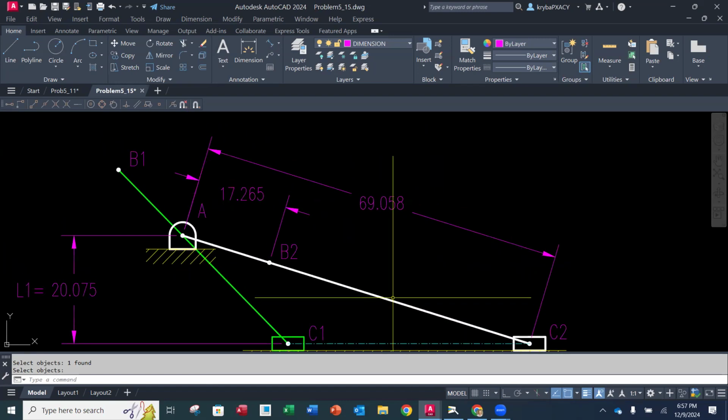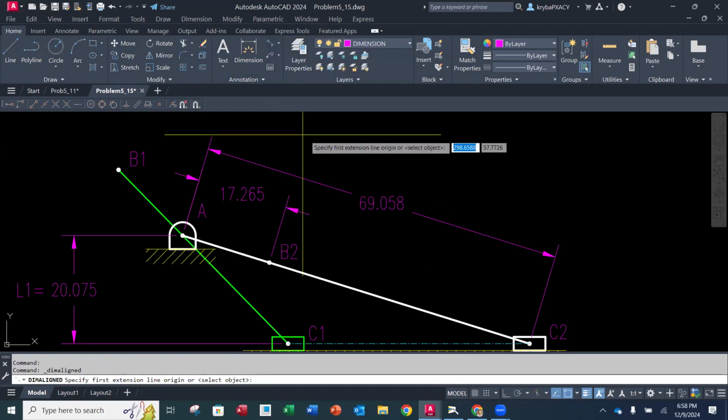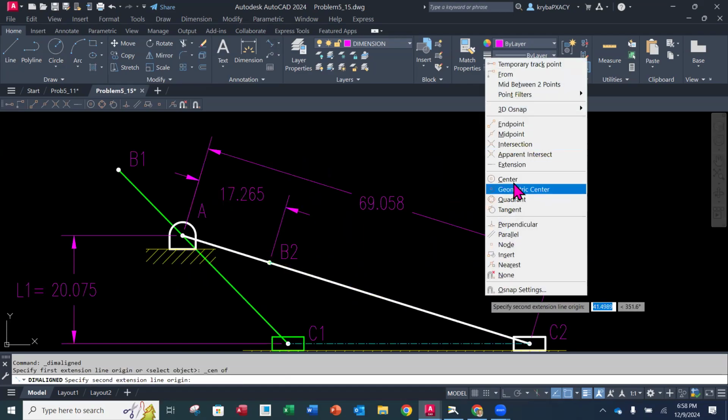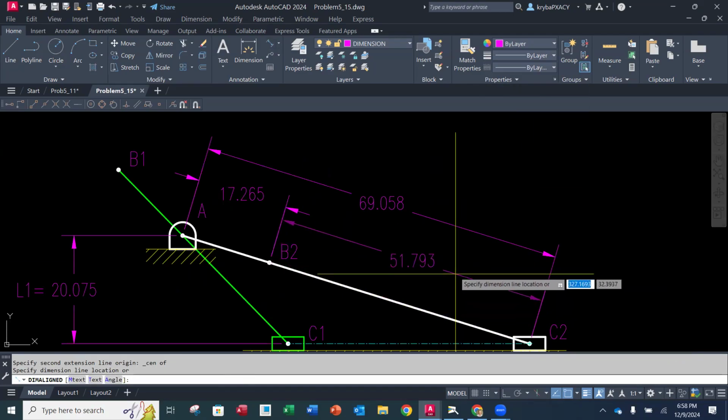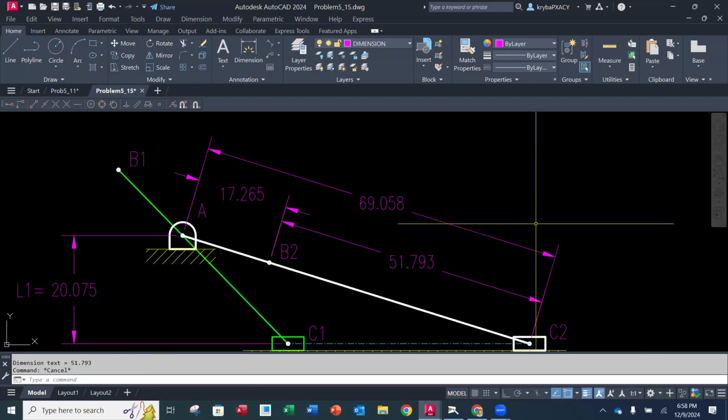And then if I do another aligned dimension from the center of where B2 is to C2, this is going to be then the length of link 3, 51.793. So we go back underneath here.